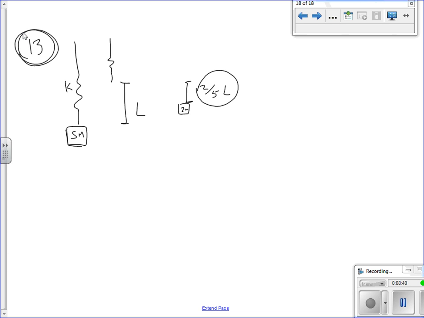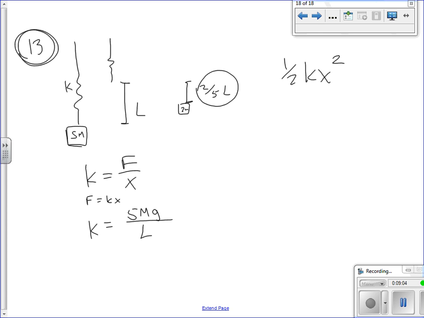Okay. What's the potential energy stored in the spring? Well, 1/2 kx squared. What's k? k is F over x, from F equals kx. So k, in my mind, is 5mg over L. k doesn't change no matter what, doesn't matter how much it's stretched.